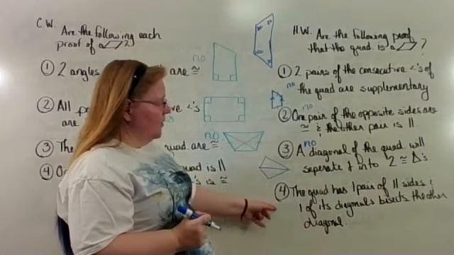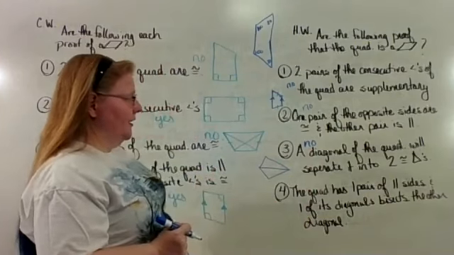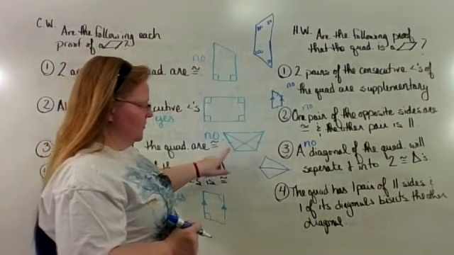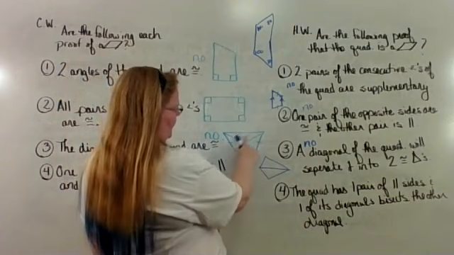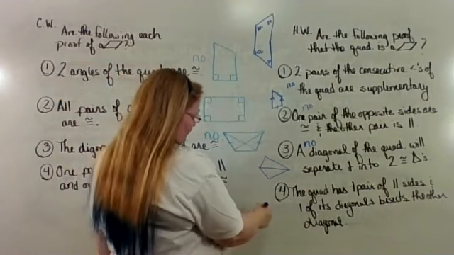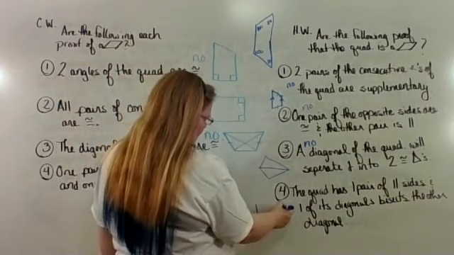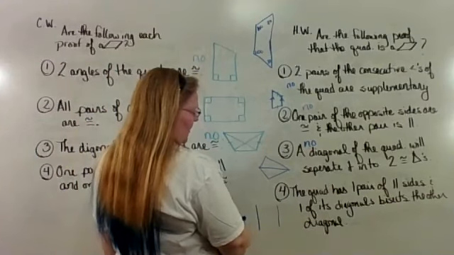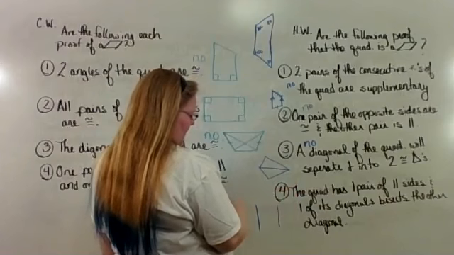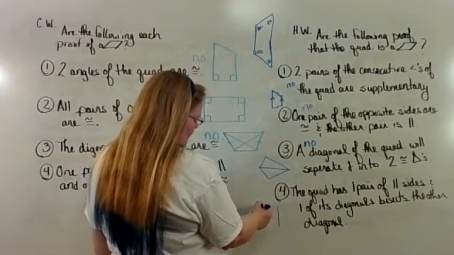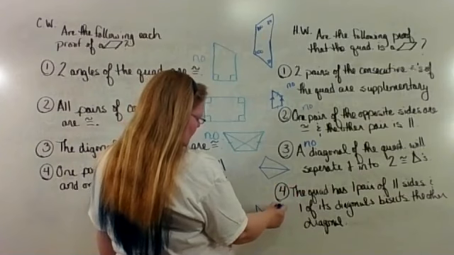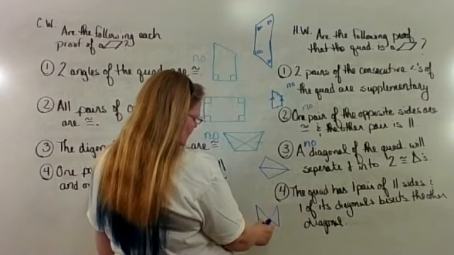And then for number 4, the quadrilateral has 1 pair of parallel sides and one of its diagonals bisects the other diagonal. Well, that doesn't happen here. But two sets of parallel sides, yeah, has one set of parallel sides, and one of its diagonals bisects the other one.